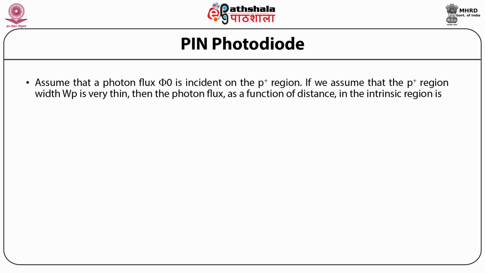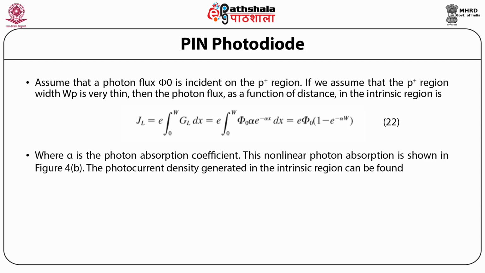Then the photon flux as a function of distance in the intrinsic region is JL equal to E multiplied by integral 0 to W of GL dx, equal to E multiplied by integral 0 to W of phi naught alpha e to the power minus alpha x dx, equal to E phi naught multiplied by 1 minus e to the power minus alpha W. Here alpha is the photon absorption coefficient. This nonlinear photon absorption is shown in figure B.